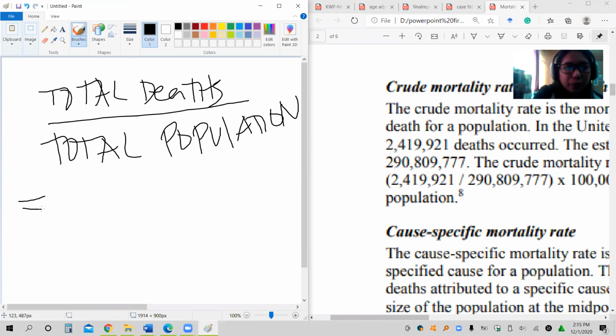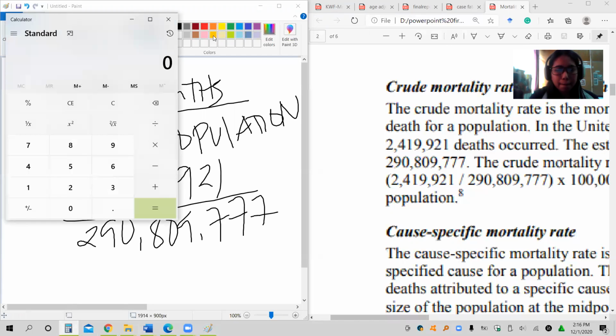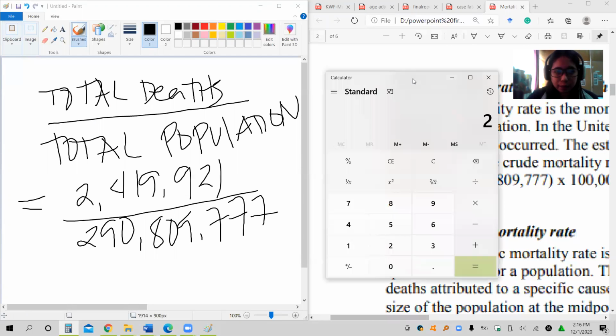And this is equal to, in our given, the value 2,419,921 over 290,809,777. So using our calculator, if we compute for this, 2,419,921 over 290,809,777, we are going to obtain this value.